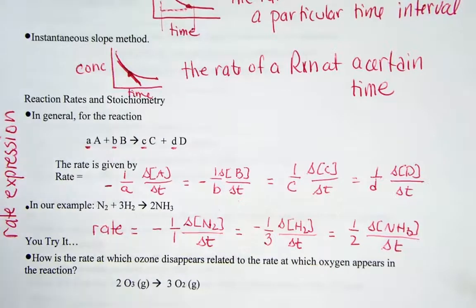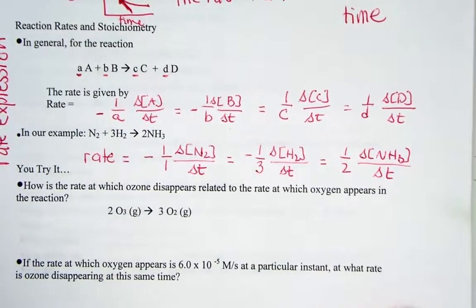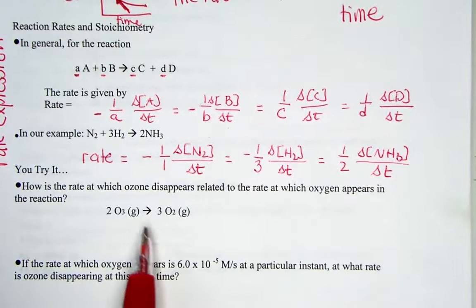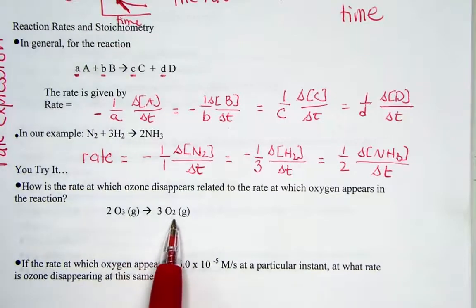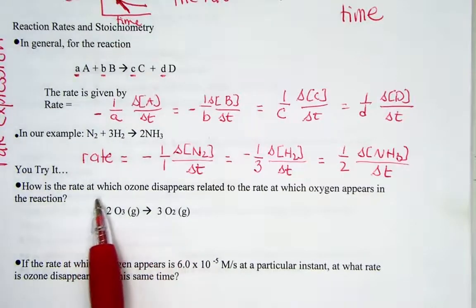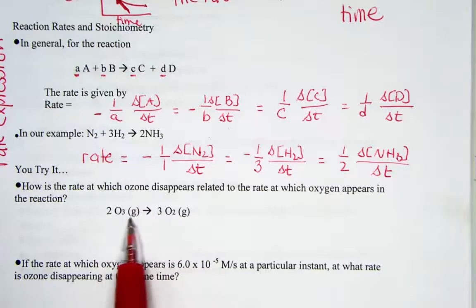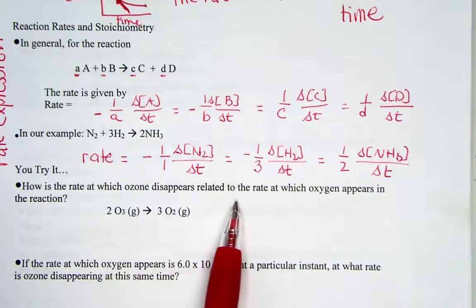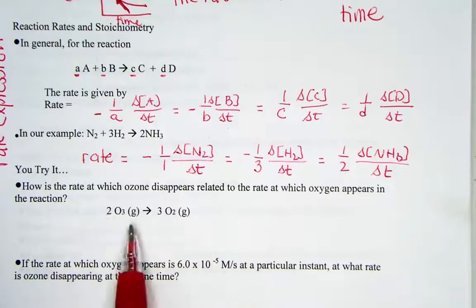If we look at a you try it example, it involves a decomposition of ozone forming molecular oxygen. How is the rate at which ozone disappears related to the rate at which oxygen appears in the following reaction?